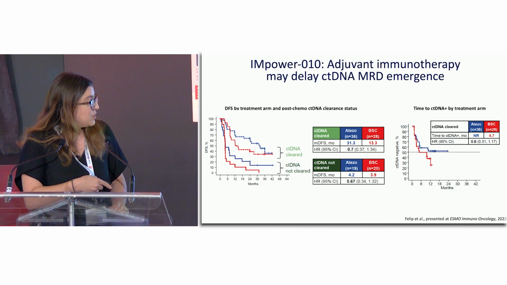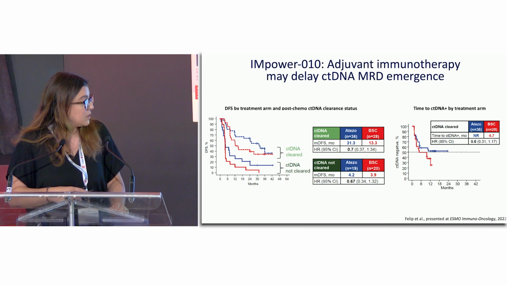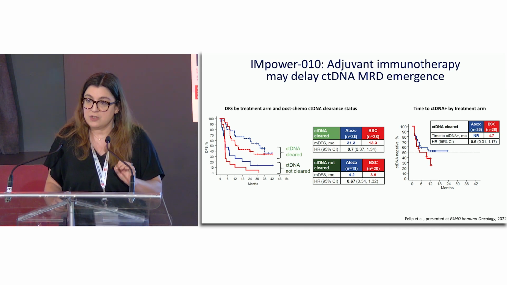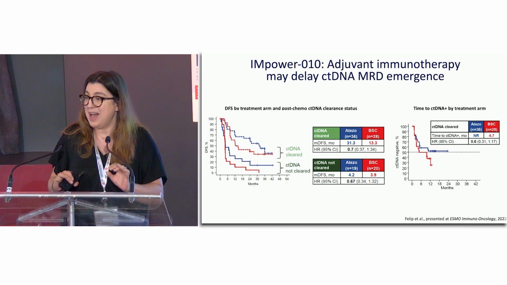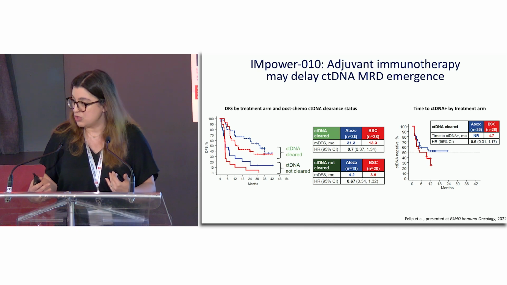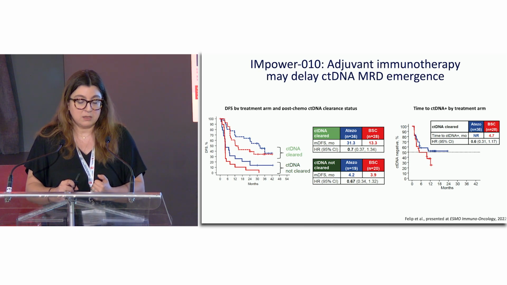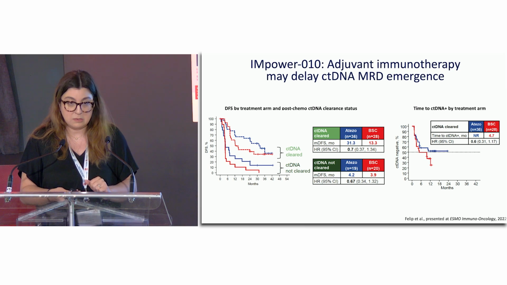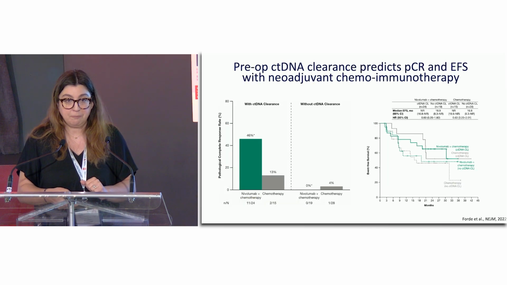But what was interesting, and we're showing here as well, was that in the subset of patients that were ctDNA MRD negative after chemotherapy, the rate of conversion to ctDNA positive was actually slower. So I think this is encouraging.